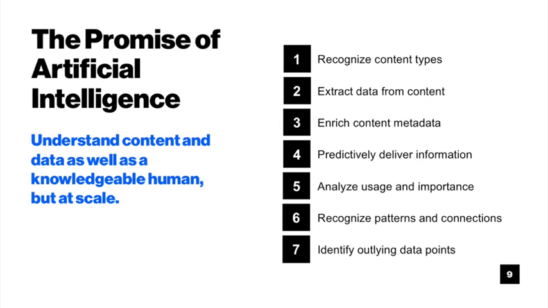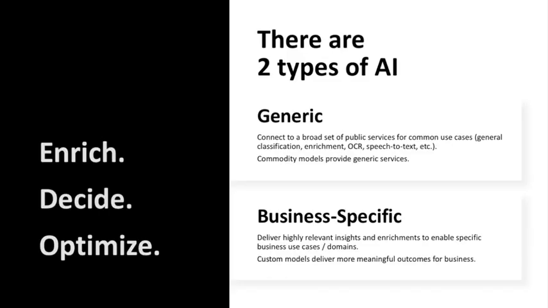So there are 2 types of artificial intelligence and machine learning that we consider, certainly at Nuxio. The first is the generic, and the second is the business specific, and we'll go a little bit into each of those. Generic artificial intelligence is the broad set of public services that anybody can use.